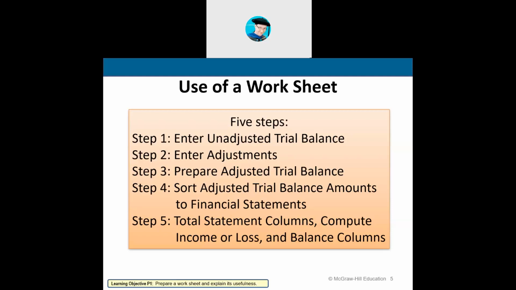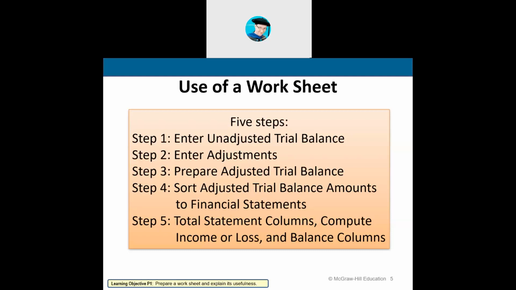And I look at all of that information to help me understand if I've made any errors, right? And how do I know if an error was made? Well, if debits do not equal credits, that is going to cause an error.